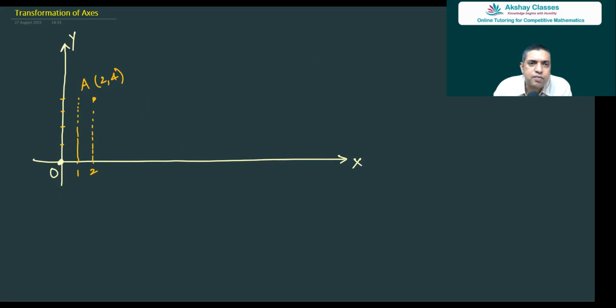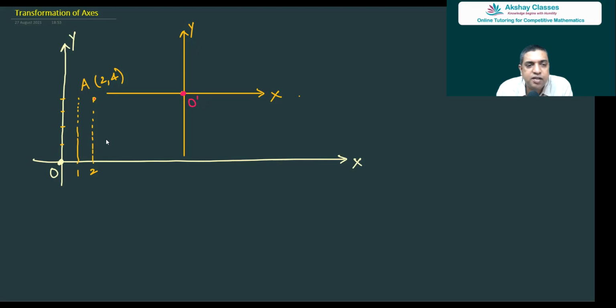Now, what happens if I choose an origin somewhere else? Suppose I choose my new set of axes like this. Suppose my origin were this new origin. Now, with respect to this new origin, how will the coordinates of A be?